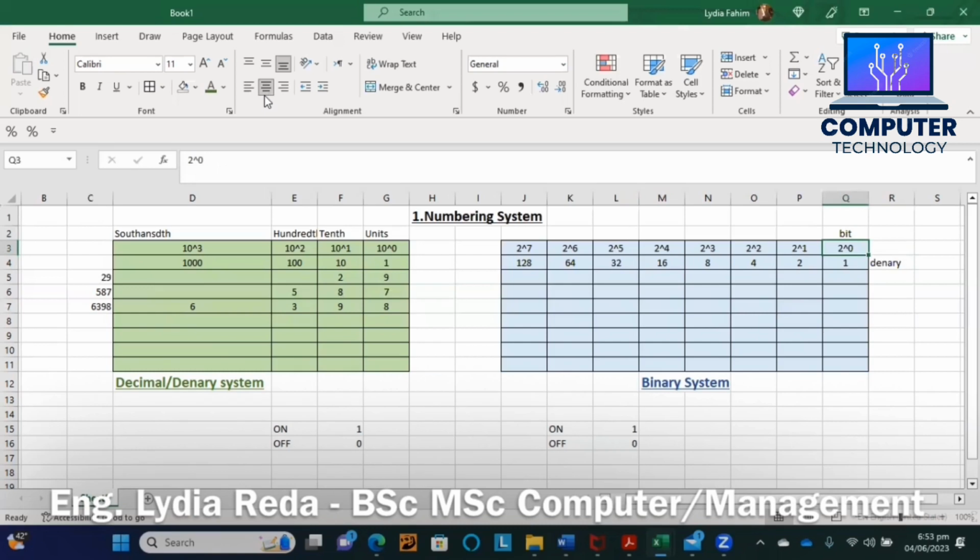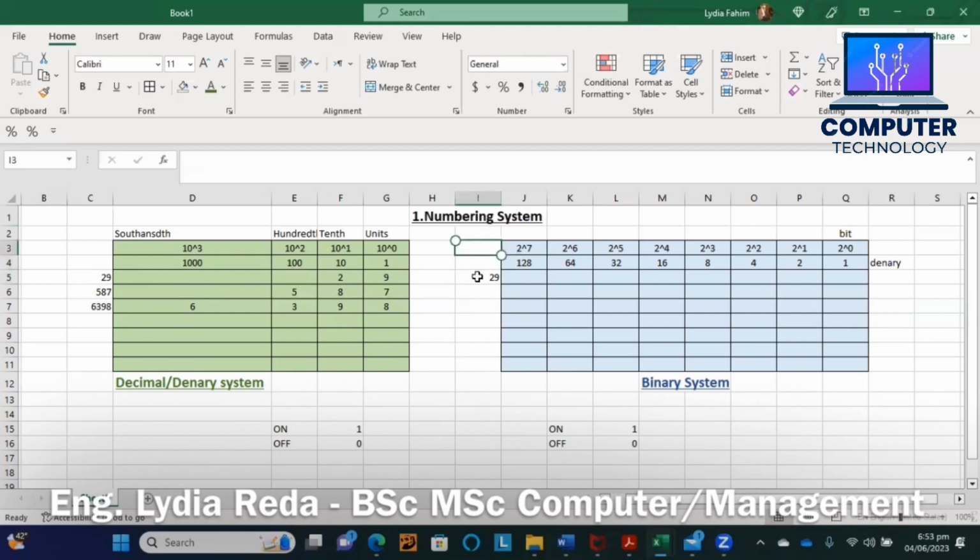We will learn a simple transformation from binary to denary and denary to binary. Okay? I will take these numbers. I will not go very far. Let's start with this 29. How do I transform the 29 into a binary value? 29 in denary.